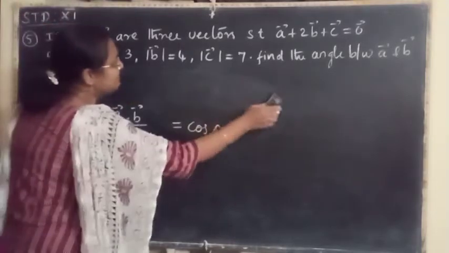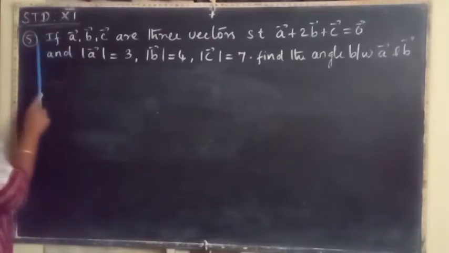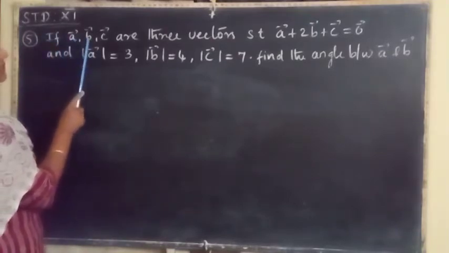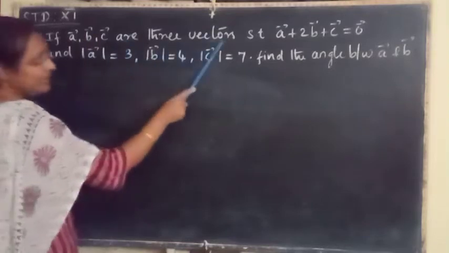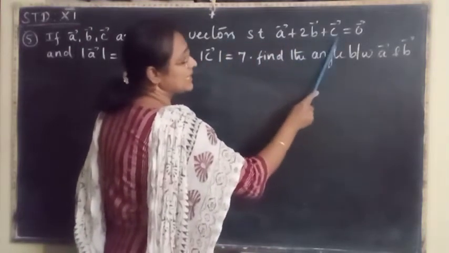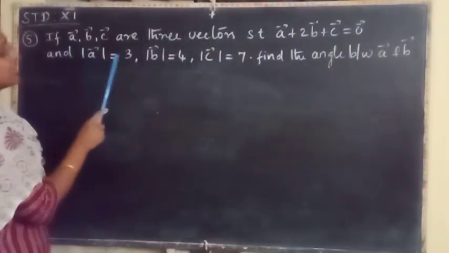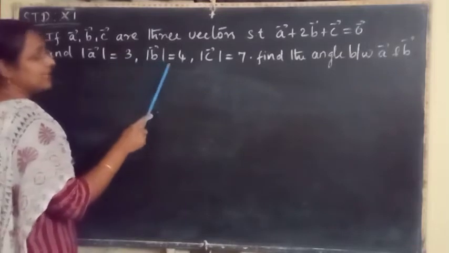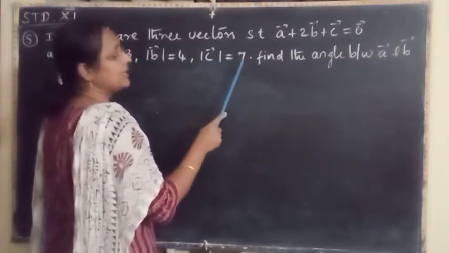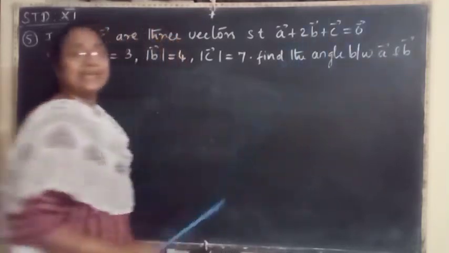Very simple sums over here. Now look into this question, what is given in our fifth sum. If A vector, B vector, C vector are three vectors such that A vector plus 2B vector plus C vector equals 0 vector, and modulus of A vector equals 3, modulus of B vector equals 4, modulus of C vector equals 7, then find the angle between A vector and B vector.